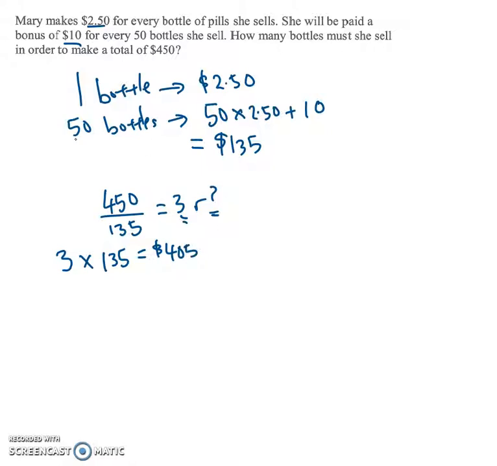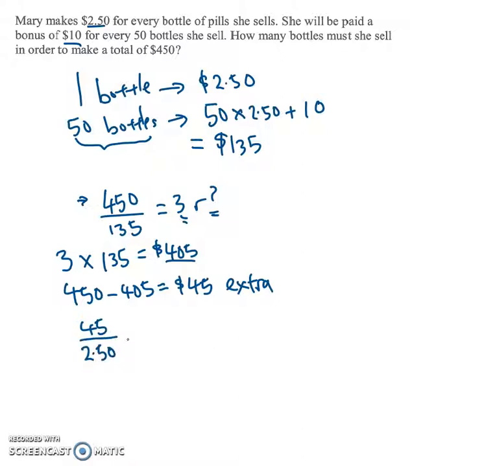So I know if she sells 3 groups of 50 bottles, she will earn $405, but since she wants 450, I need to take 450 minus 405 equals $45. So she needs an extra 45. So I need to find how many bottles she needs to sell to get that 45.